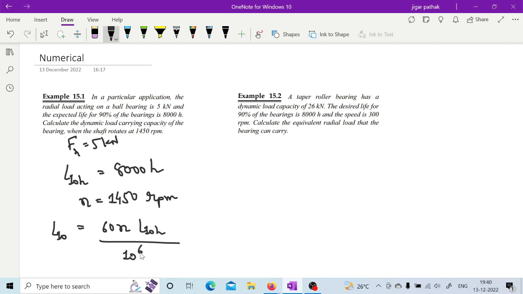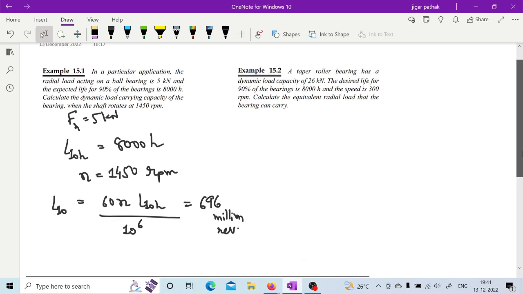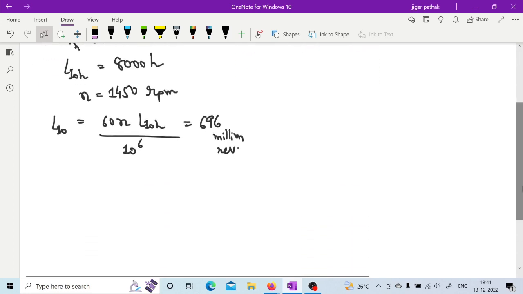So it is 696 million revolutions. Then the dynamic load capacity C: what is the relation between C and L10?